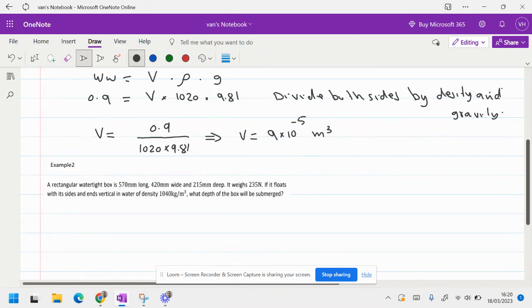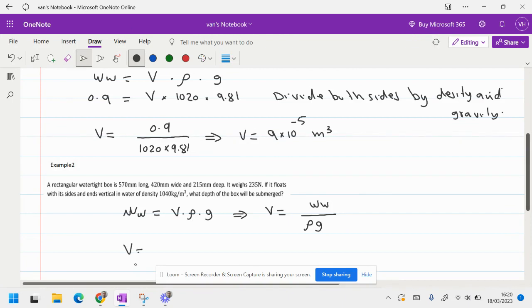We're going to start the same as we did before. We rewrite the formula: weight of displaced water is equal to volume times density times gravity. As I showed you in the previous example how to rearrange this formula, we end up with volume equals the weight of the displaced water over density and gravity.